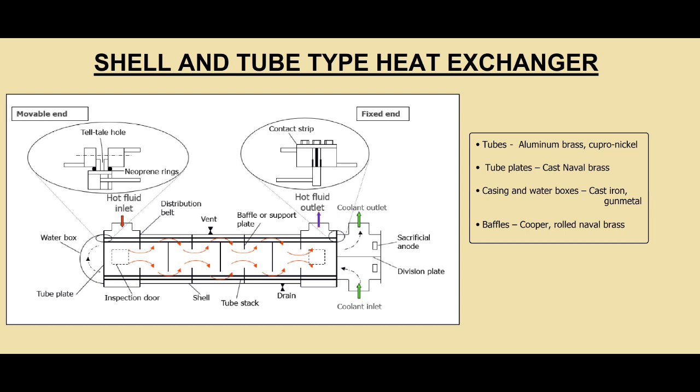Sacrificial anodes and electrical contact strips are fitted to minimize corrosion. The tube stack is made up of stress-relieved aluminum brass tubes, expanded into naval brass tube plates. One plate is fixed, and the other end is free to allow for expansion of the stack. Brass circular baffles give radial flow to the fluid, and support to the tube stack.